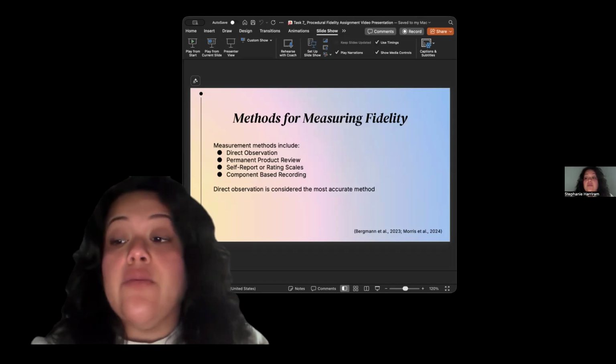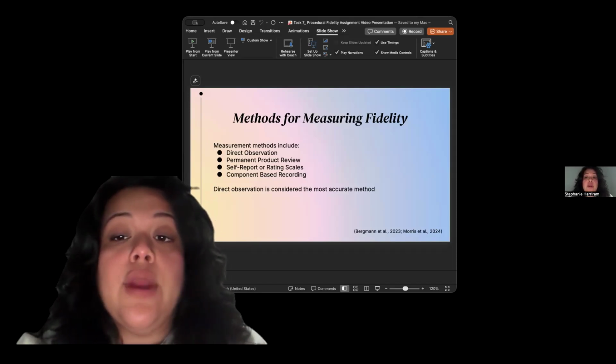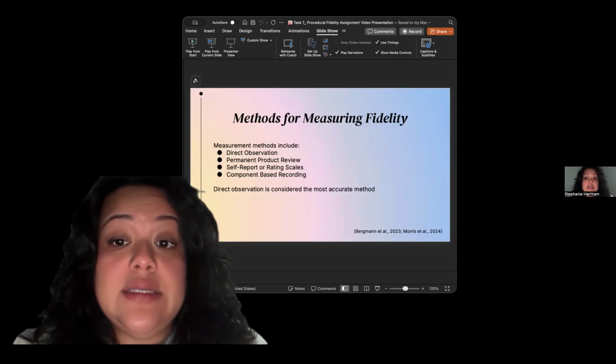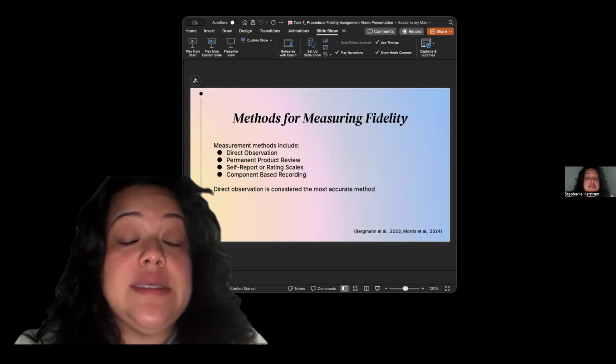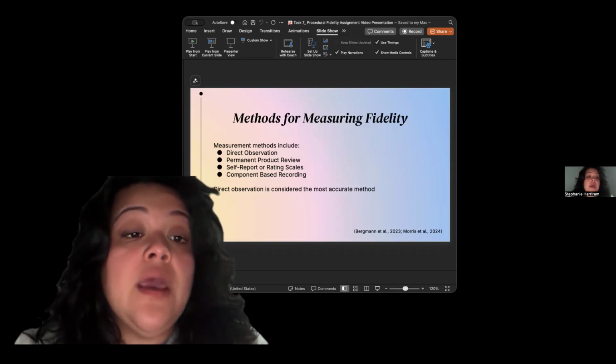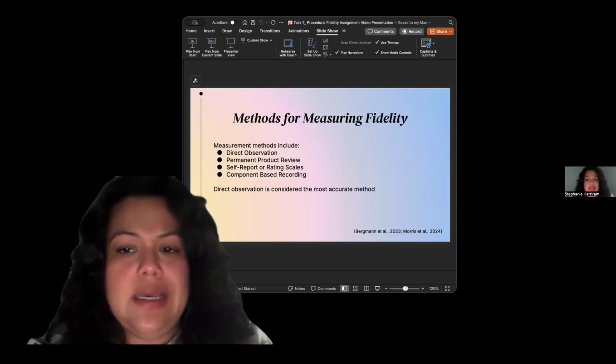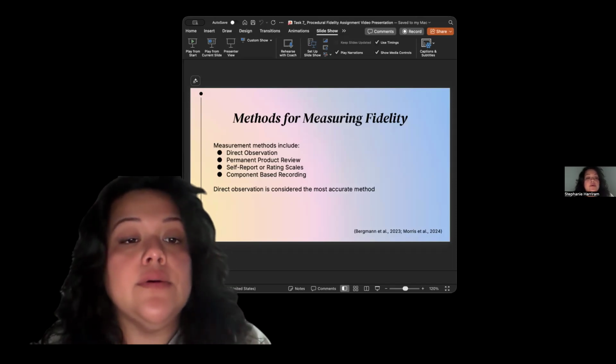The first is direct observation, and this is a more accurate method. It uses task analysis, checklists, and observers record implementation behavior. The next is permanent product review, and this evaluates completed materials and work samples.